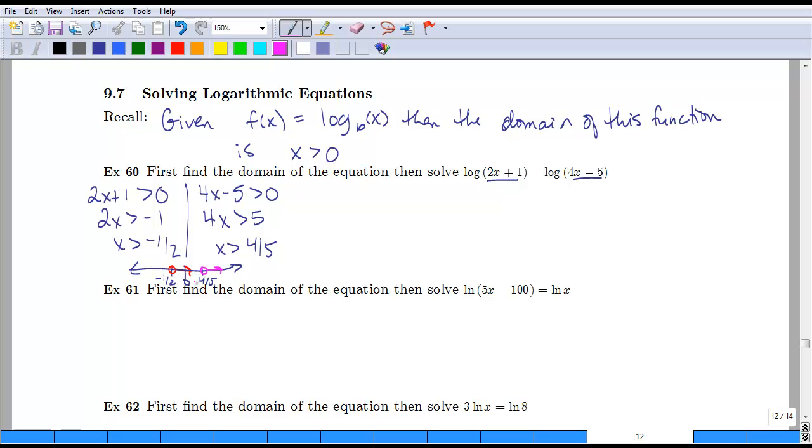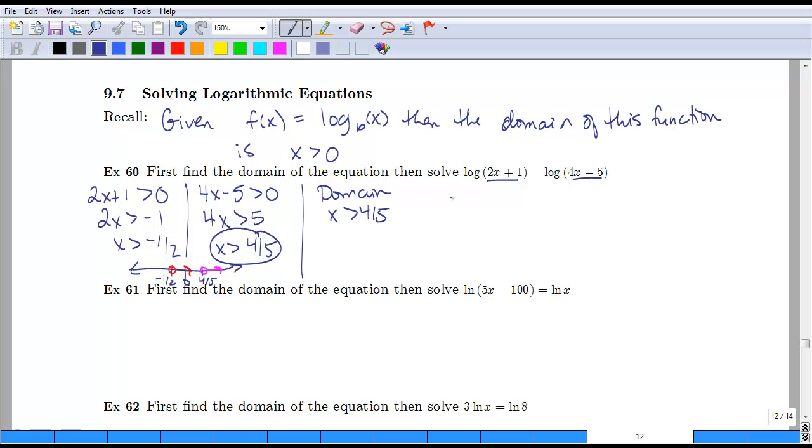So in this case, the 4/5 is actually more restrictive. It's leaving off some of the values we could plug into log of 2x plus 1, but at least it's not making the other function undefined. So in this case, our domain is just restricted to the more restrictive one. The domain in this case is x is greater than 4/5.